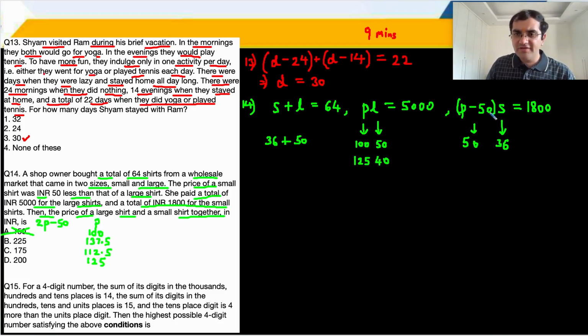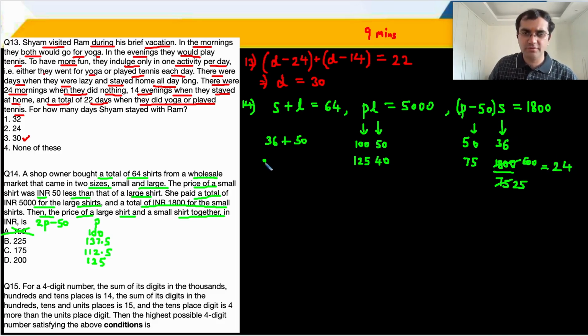And 125 minus 50 is 75 over here. 1800 divided by 75: 3 into 25, 3 into 600. 600 upon 25 is 24. So you get S as 24. 24 plus 40 is 64, and therefore option D is the right answer.